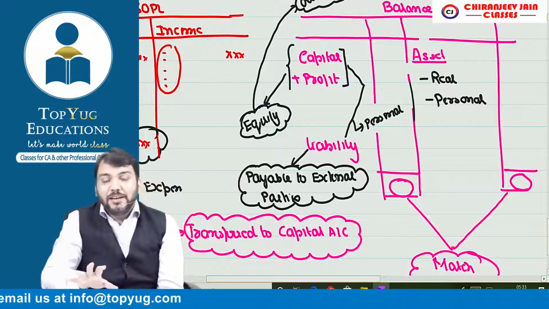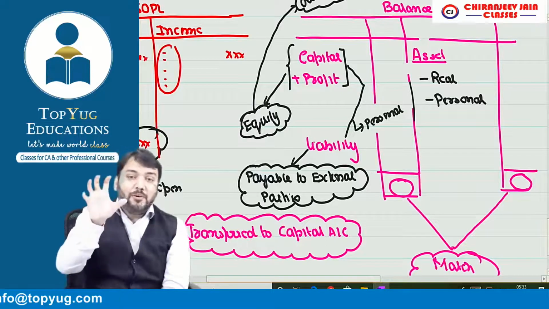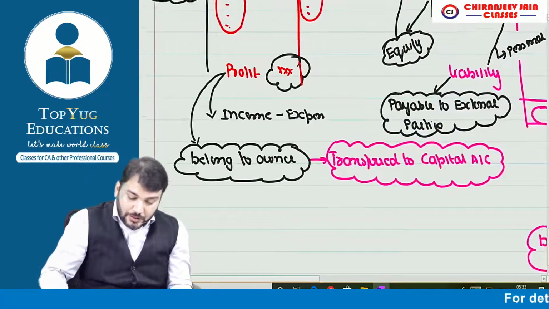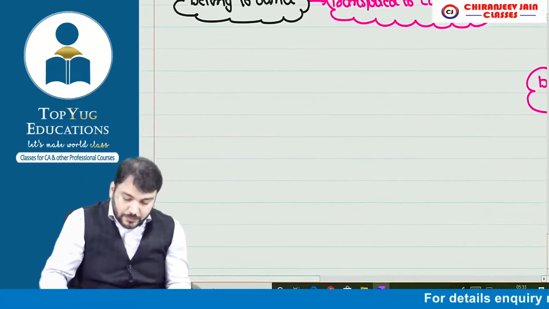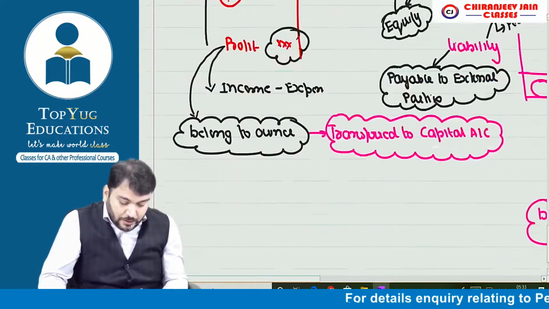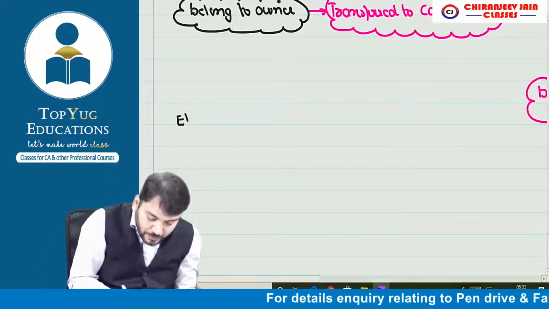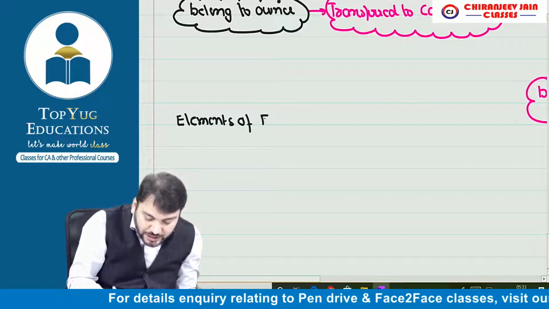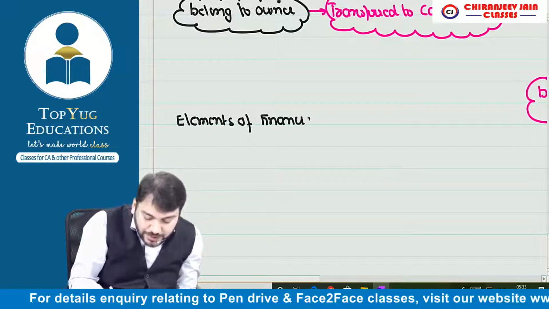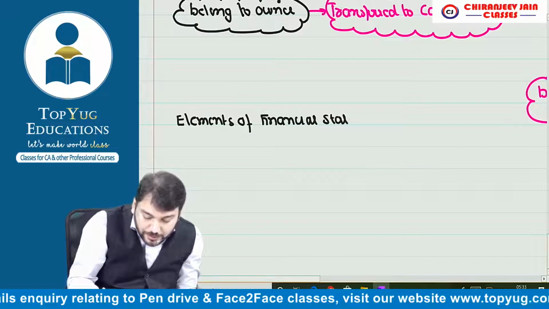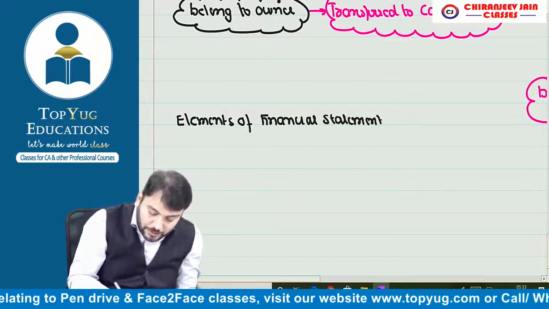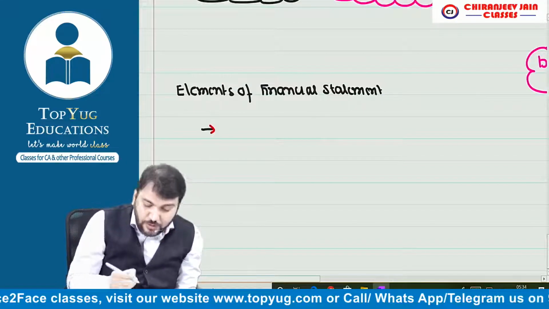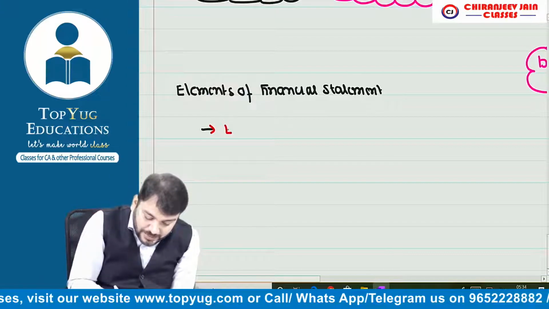Means, can I conclude that entire accounting revolves around five items? But what are the five items? Correct? Tell me. If I say, what are the elements of financial statement? Tell me the five items. First is what? Can I say equity?